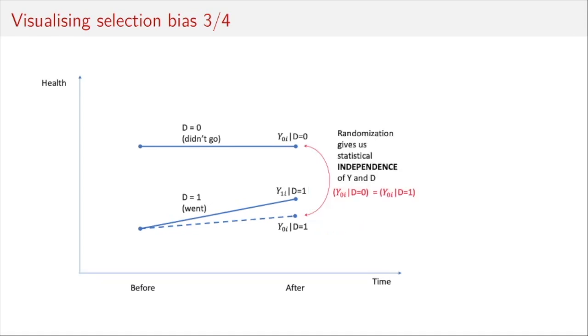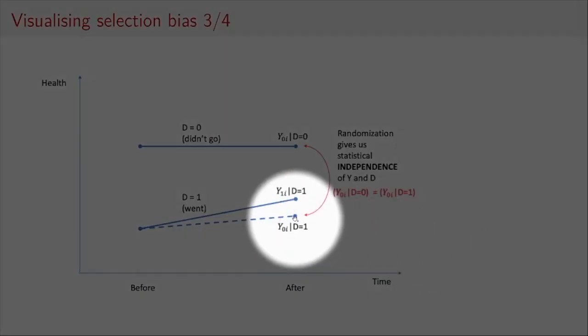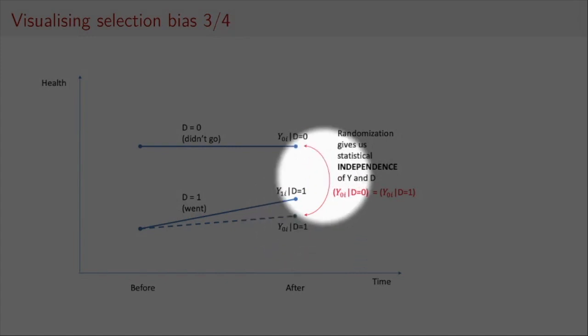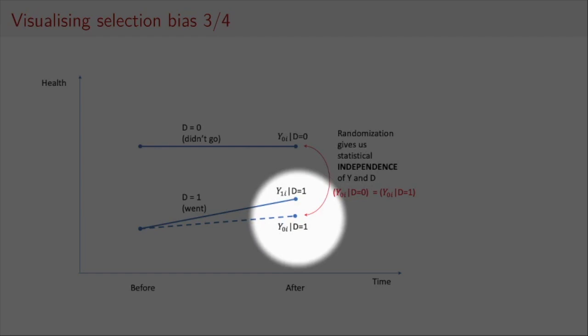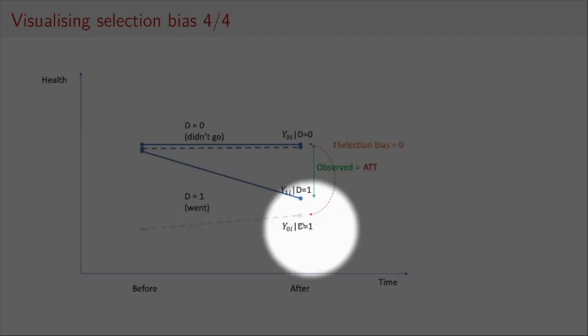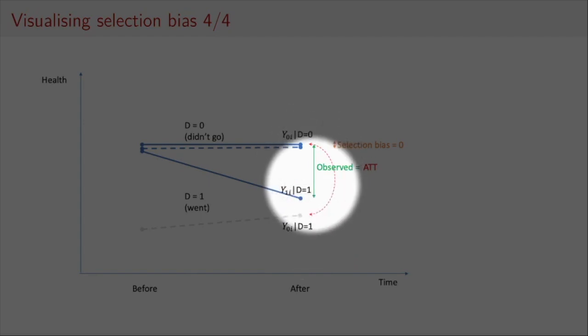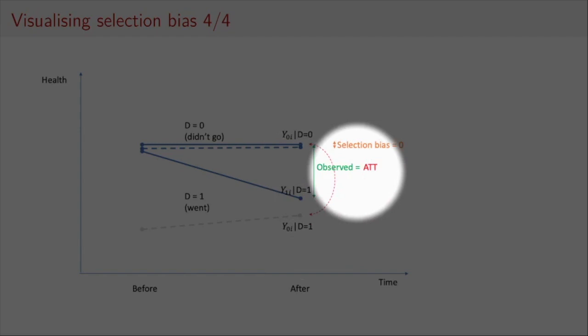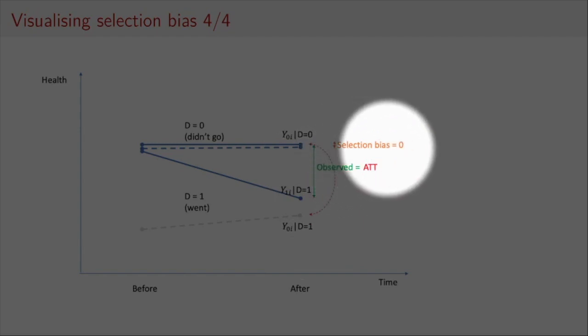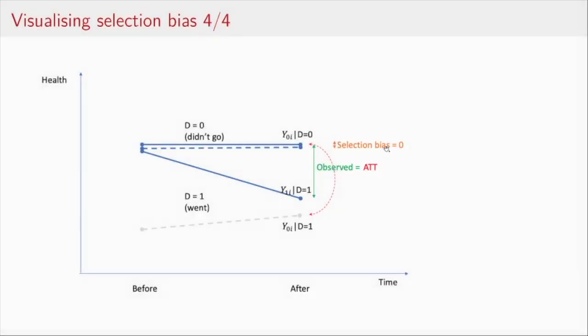Now, what does randomization do for us? It gives us statistical independence between y and d, meaning that the y0 is equal for d equals 0 and for d equals 1. Now, if you bring this y0i given d equals 1 up to the same level here, then what you observe is the average treatment on the treated. The selection bias is 0.